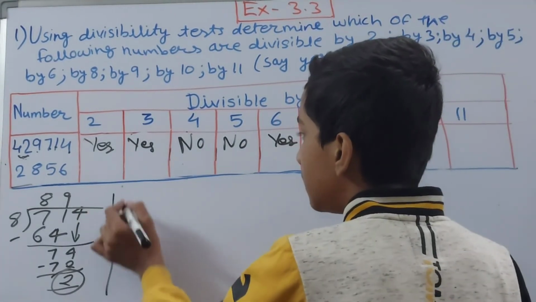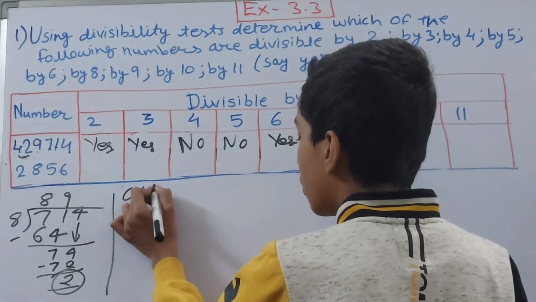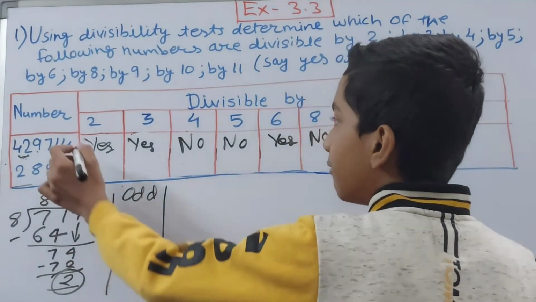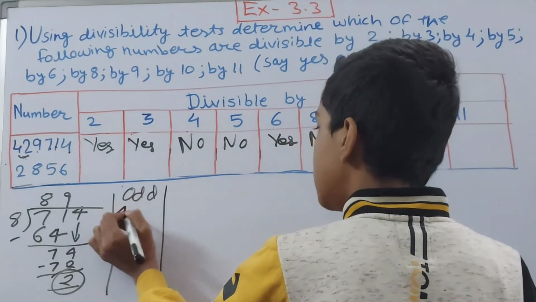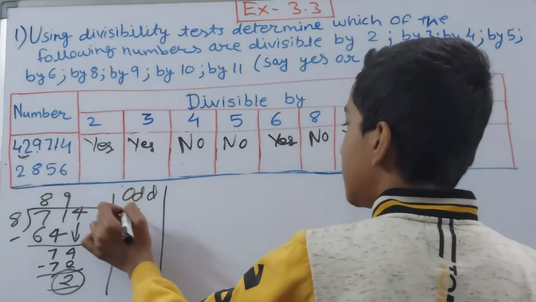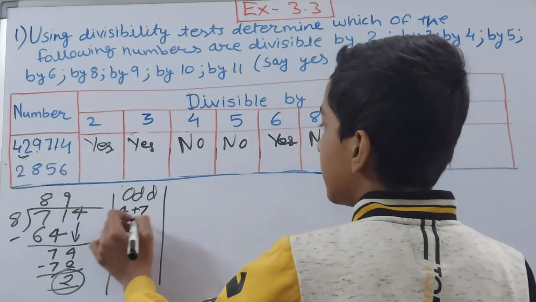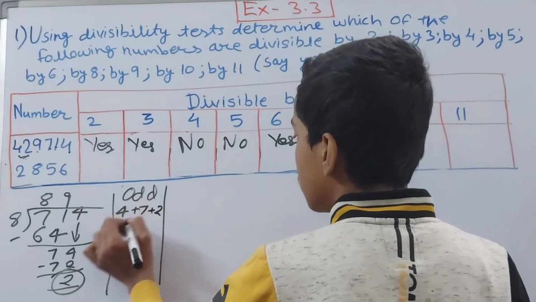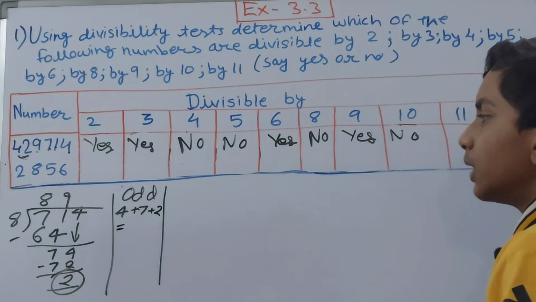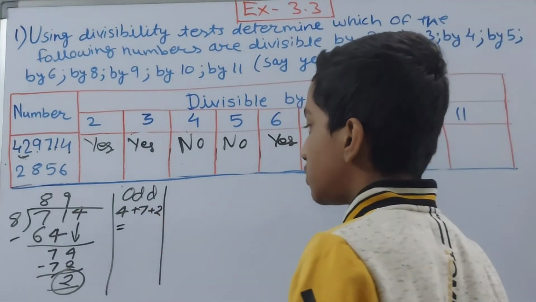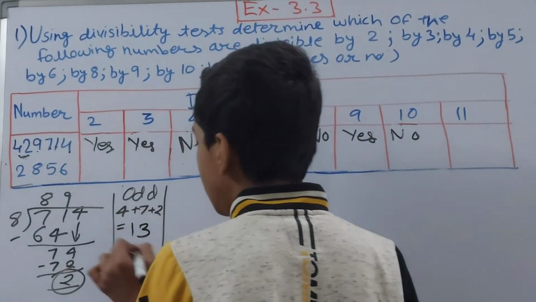For 11, you will add the digits. So I will add it here and here only. Odd places first. You have 4 at the ones place. Then we have 7 at the hundreds place. Then we have 2 at the 10,000s place. So plus 2. Now 4 plus 7, 11 plus 2, 13. Right, 13.